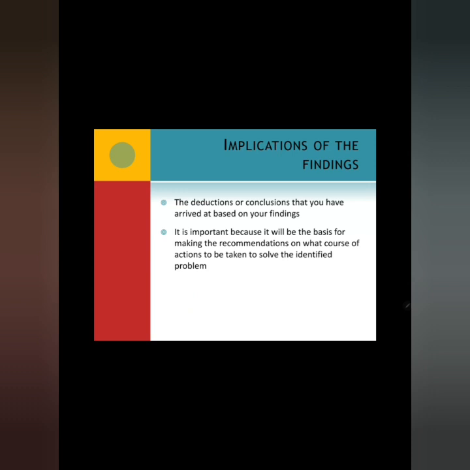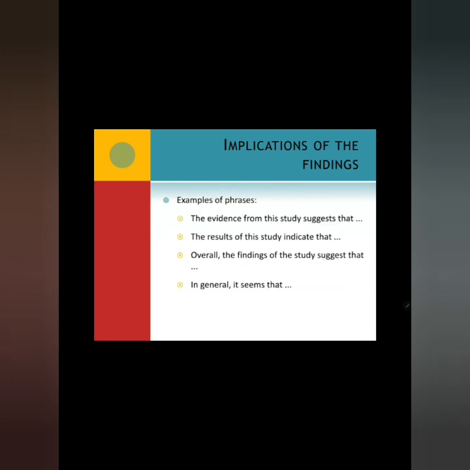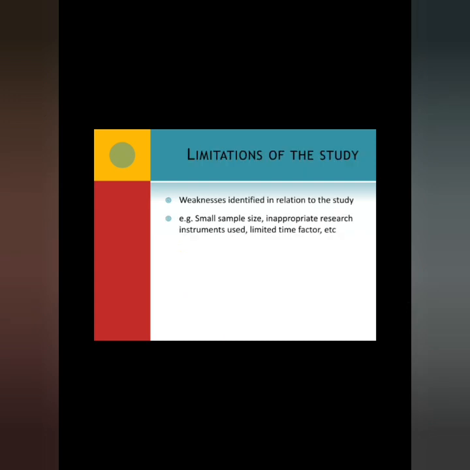Next, the implication of the finding. Implication is your deduction, or conclusion, based on your findings, which will later help you in making the recommendation. Right, this is how you can start your implication.